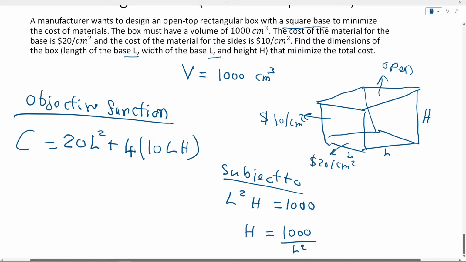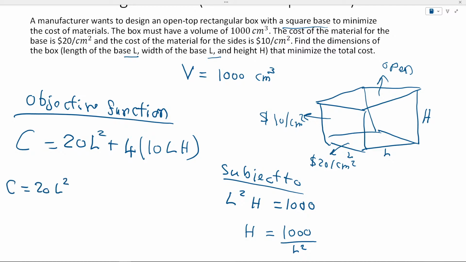So what we can do here is substitute this and get rid of this. We can say the cost is equal to 20 L square plus 40 L times 1,000 over L square.